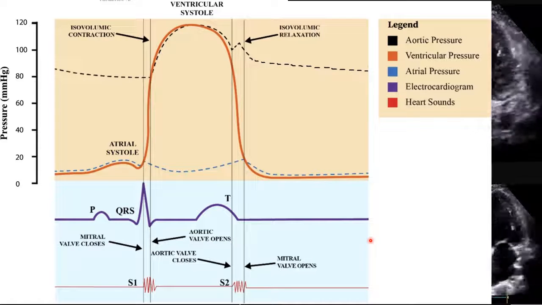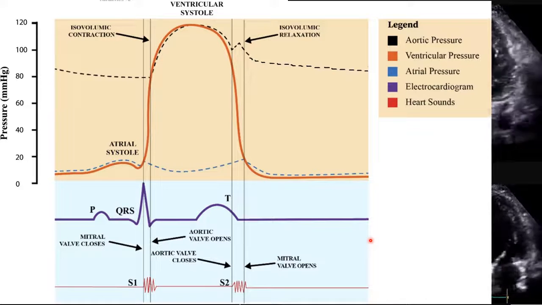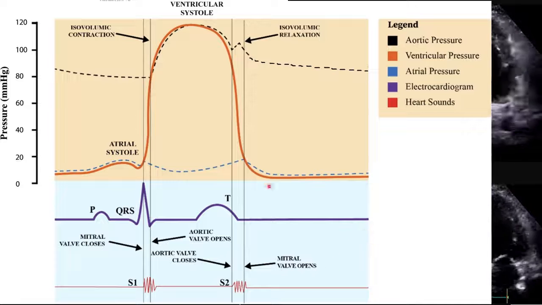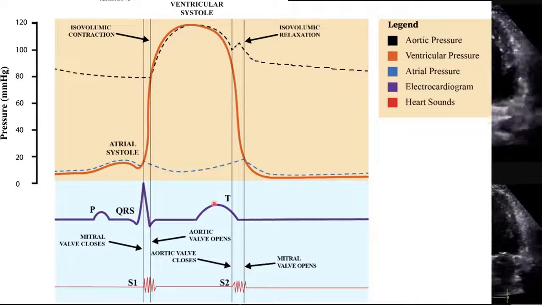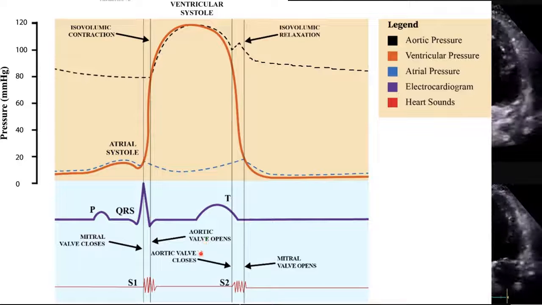It was first explained and detailed very well by Dr. Carl Wiggers over 100 years ago, and since that time it has been called the Wiggers diagram, and it shows all those event changes during the cardiac cycle.